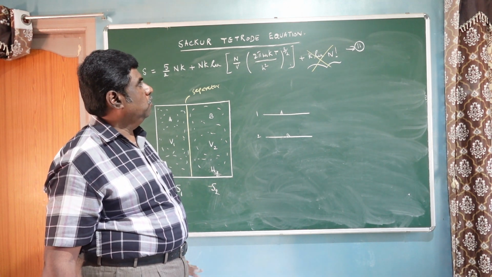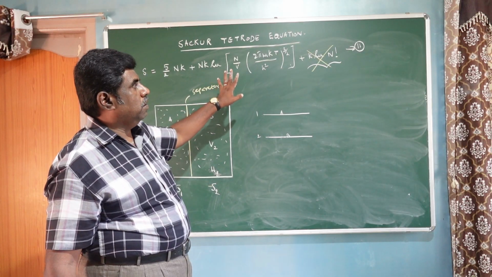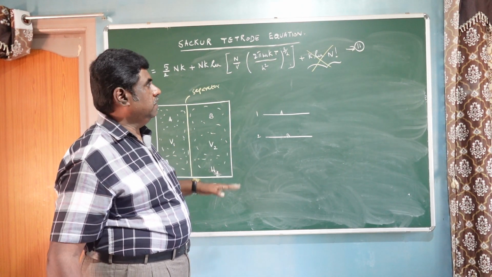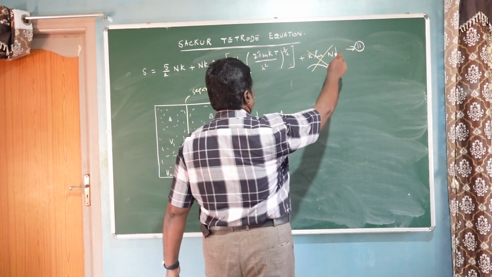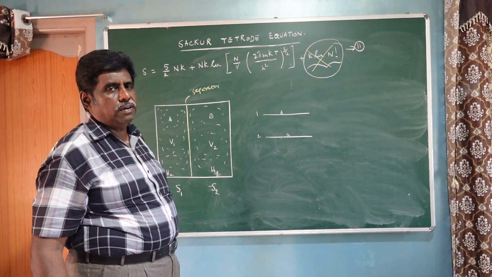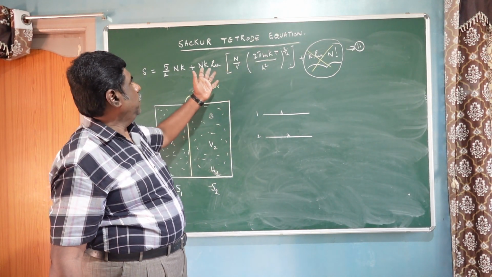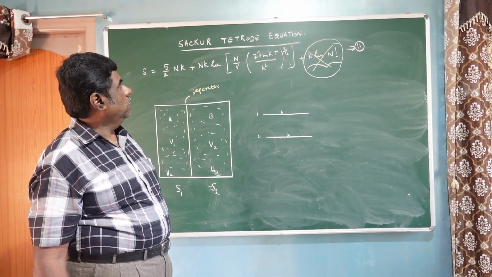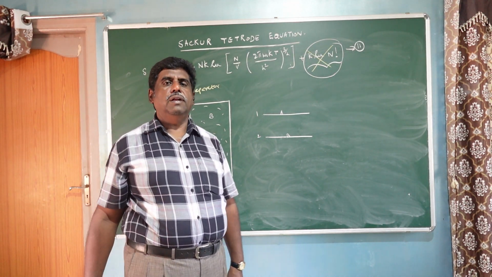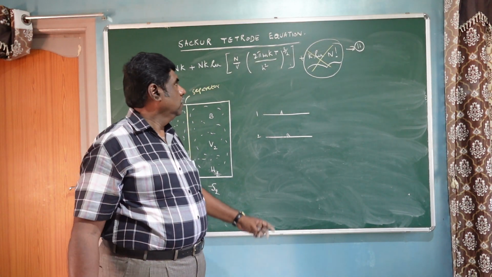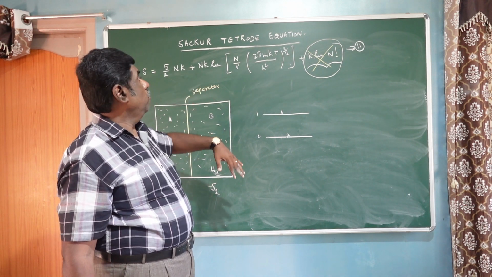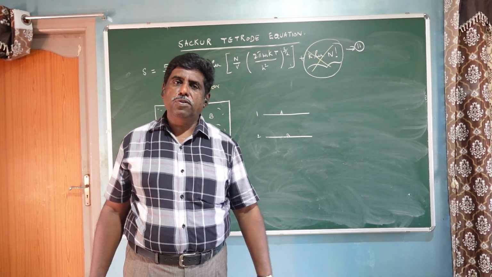In this way, while treating this equation for mixing of two identical gases, the last term k log n factorial should be discarded. If you discard the term, the paradox existing with the Sackur Tetrode equation is removed. That's all about our Gibbs paradox, and we explained the paradox and the removal of the paradox with the help of our Sackur Tetrode equation. Thank you.